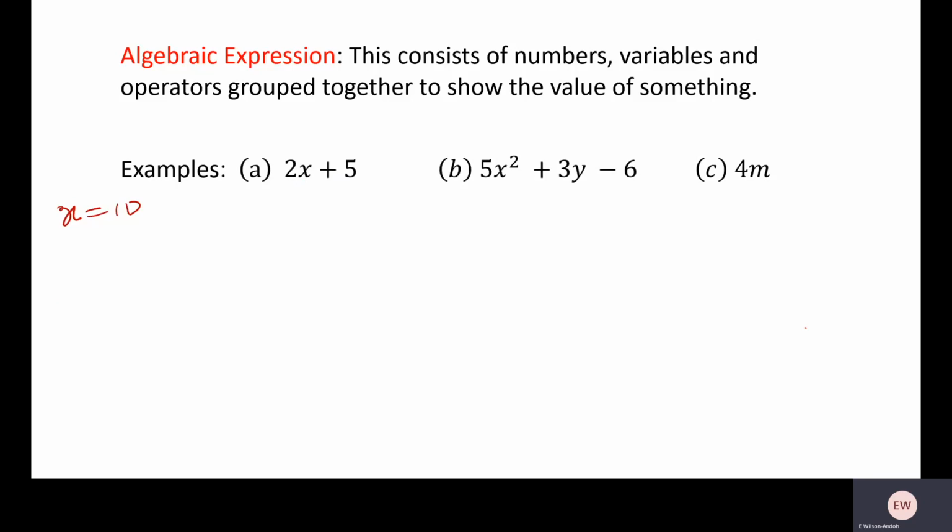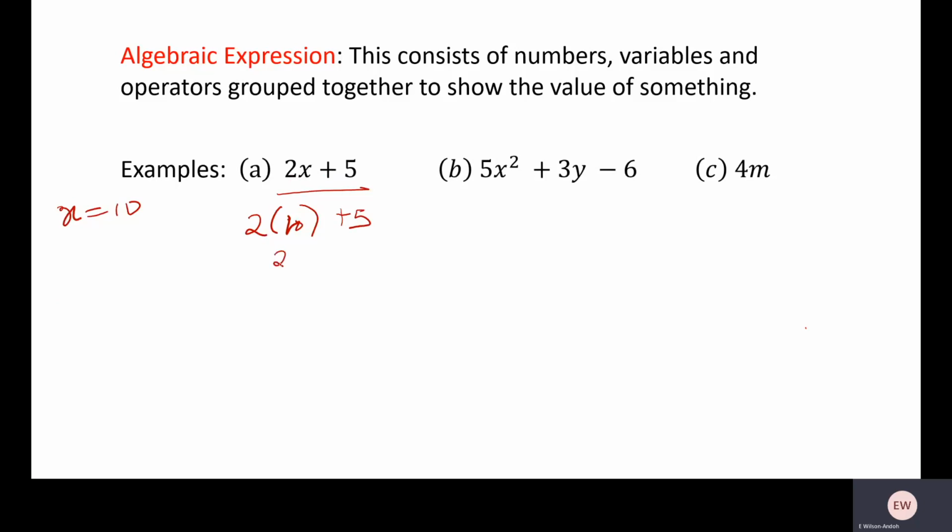The substitution means that we are replacing the variable with a number. So in this case, the value of this expression will be 2 times 10, because we have 2x, which is 2 times x. So it's going to be 2 times 10 plus 5.